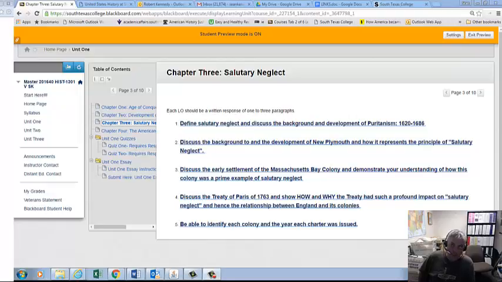So from 1763 to 1776, what you're going to have is a buildup of tension between the colonies and Great Britain that is ultimately going to lead slowly towards first revolt and then independence. So do take note of that. I just want to make sure you get the big picture as you're going through this.